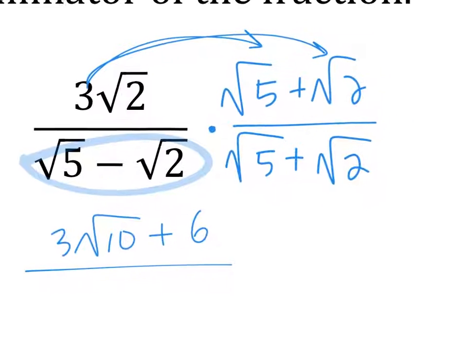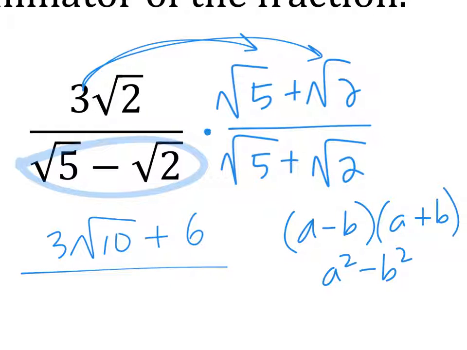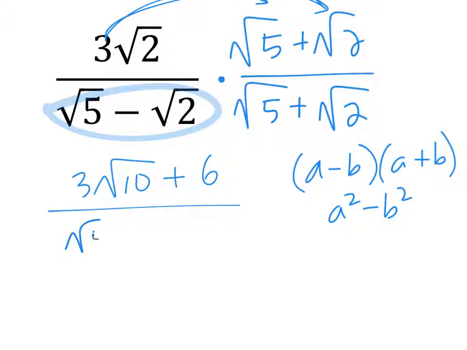Denominator. Well, this is a minus b times a plus b. By this time you should know, what is it? Yeah, a squared minus b squared. So that is square root 5 squared minus square root 2 squared.